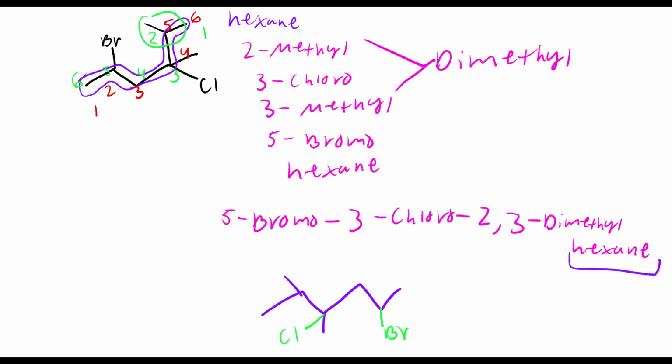I want to keep everything on the lowest number. The majority has to be on the lowest number. We cannot sacrifice a lower number for just bromine. It's not that special. It's not imperative that it has the lowest number. So the majority of the substituents should have a lower number.